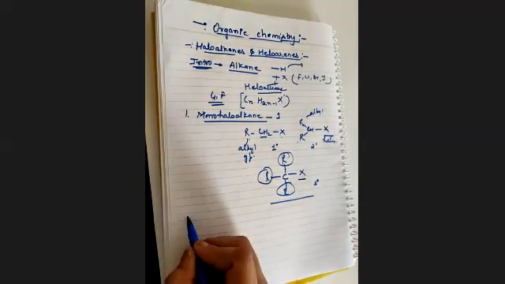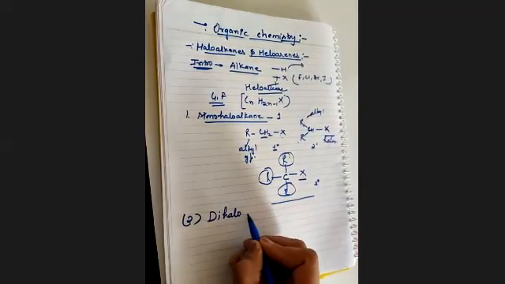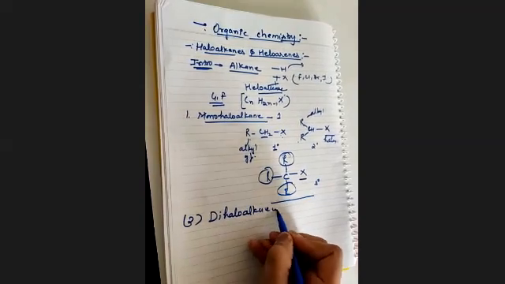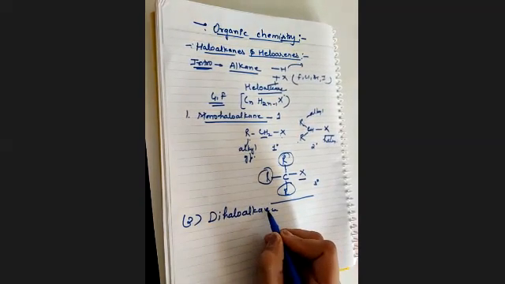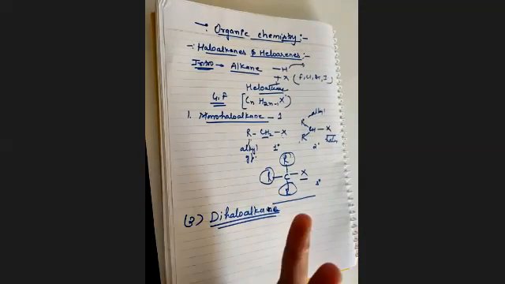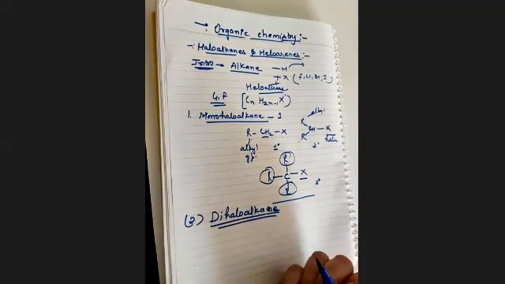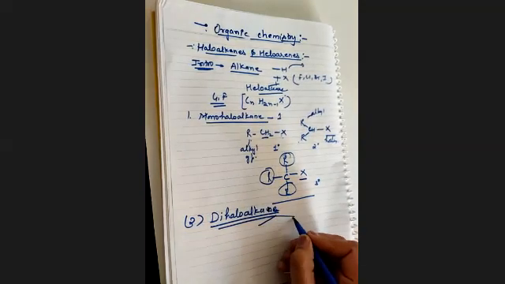Let's move to the second type of haloalkanes, that is dihaloalkane. So this is dihaloalkane. Dihalo means when two halogens are attached with your alkane group, just like this. And these are divided into two types.